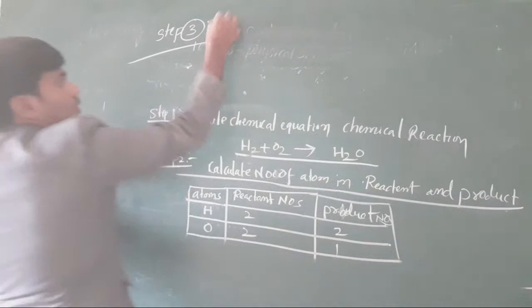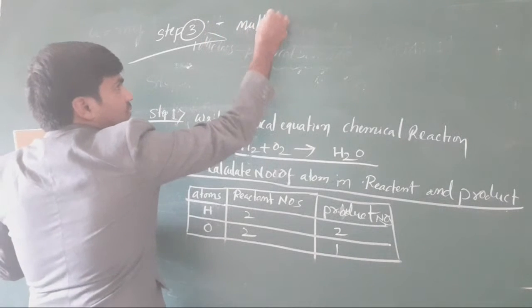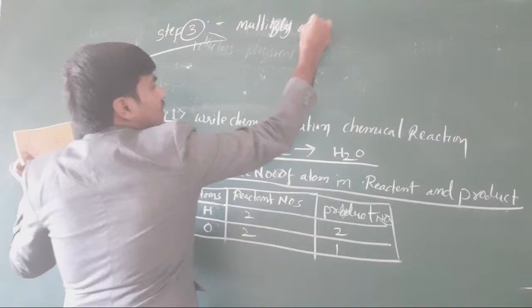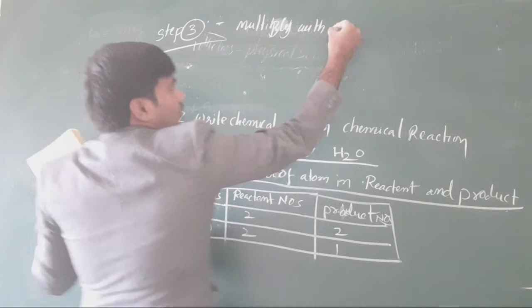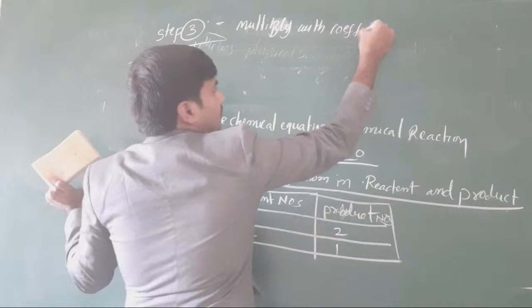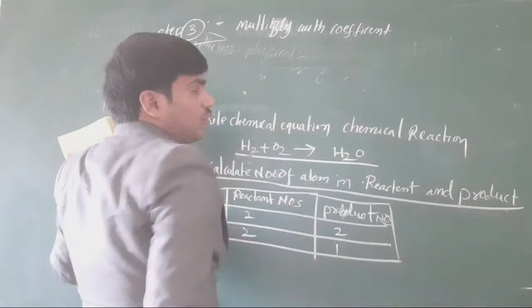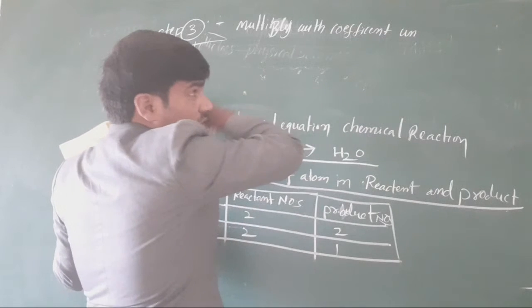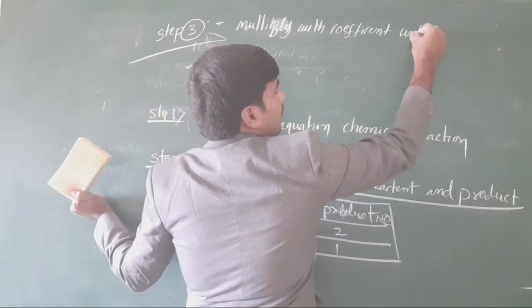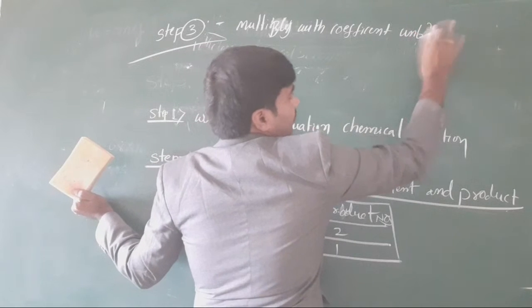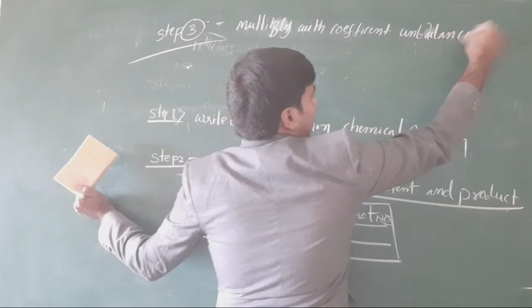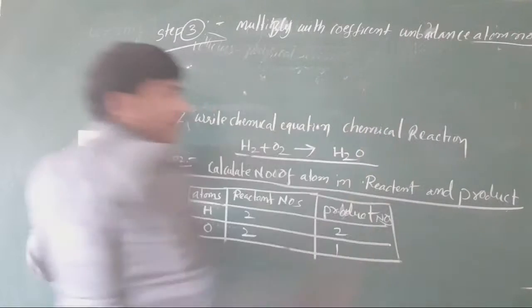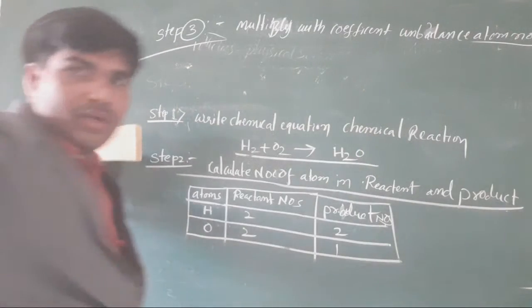Multiply with the coefficient of the unbalanced atom number. That is only the third step.